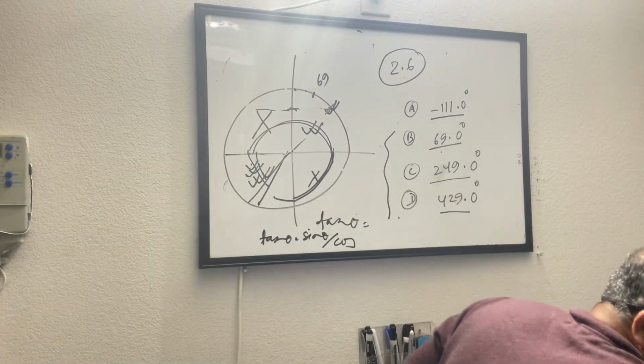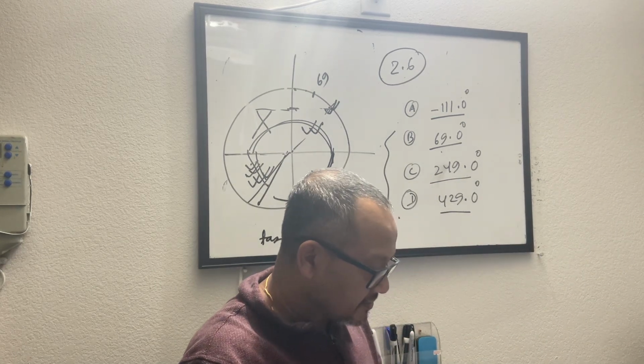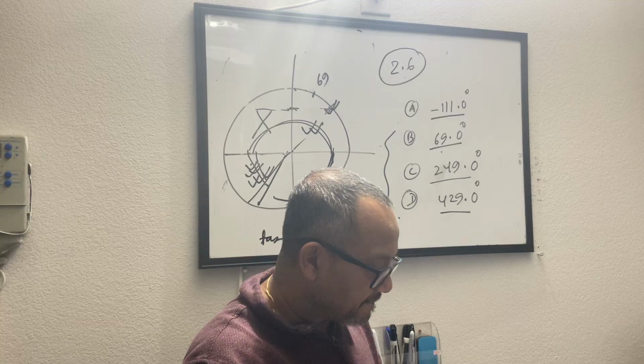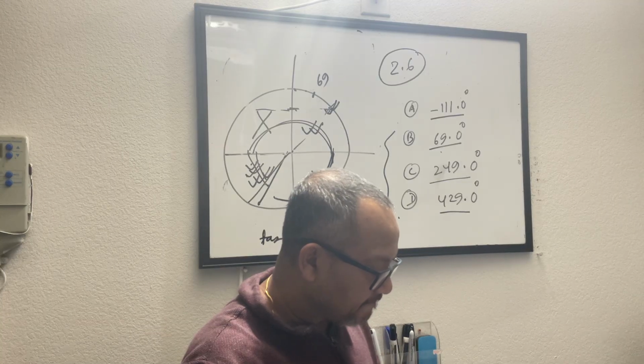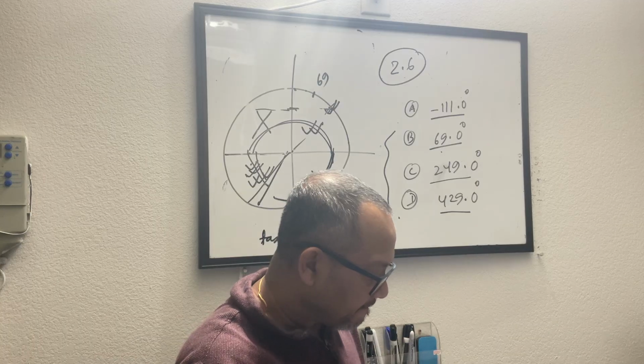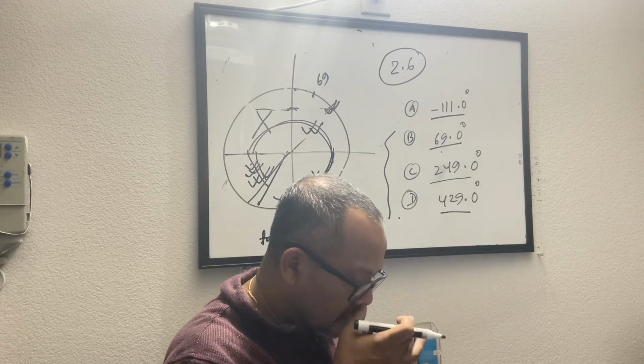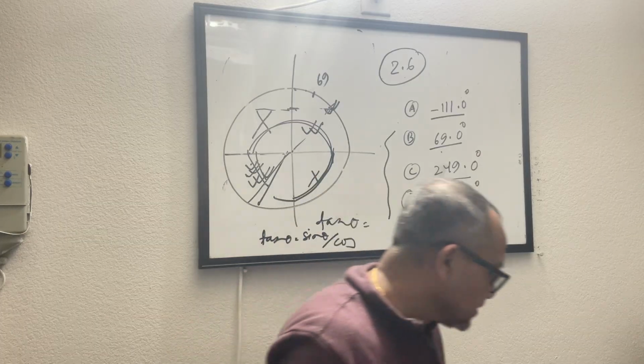Let me read the question one last time. What does it ask actually? Whose tangent is 2.6?